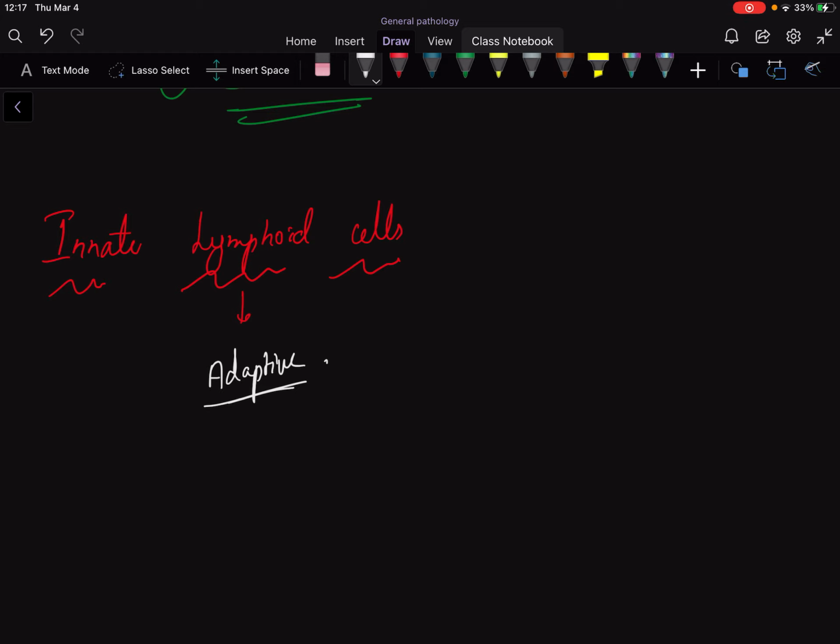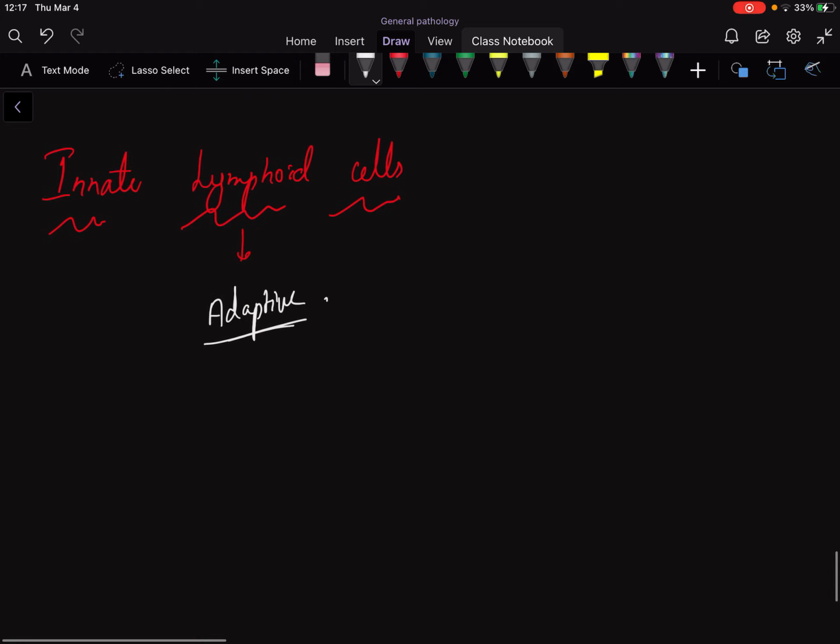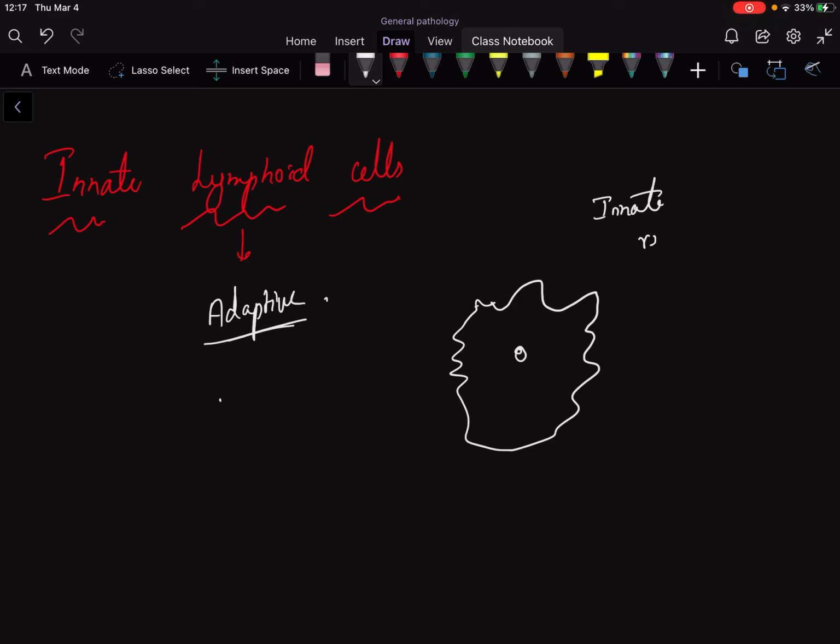But it was recently discovered that some kind of cells which look like lymphoid cells are present in the innate response.